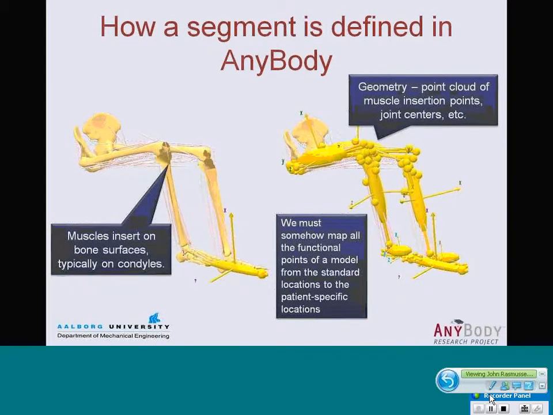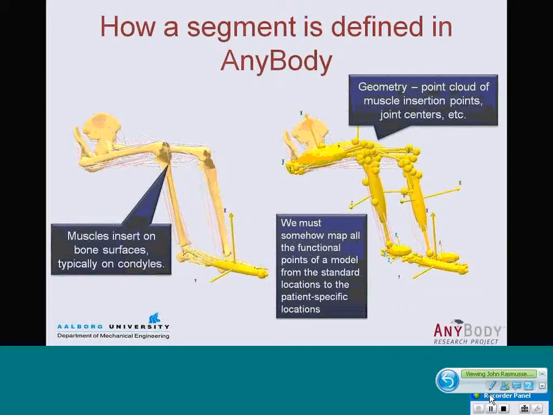And this means that there is an intimate relationship between the shape of the bone and the locations, the insertion points of the muscles. So the idea here is that if we can get information from the scanned data about the detailed shape of a bone, and we then can compare those detailed shape features from the patient's bone back to the original bone in the AnyBody model, then we can use those paired features or points and bony prominences.